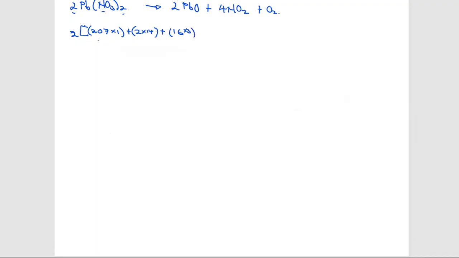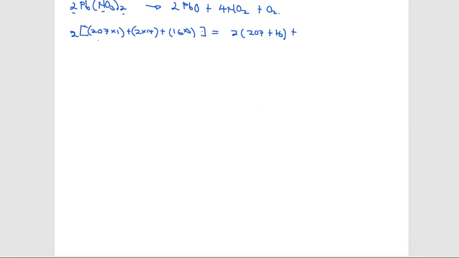Now I'm going to say this is equivalent to, on the other end, a square bracket, then 2 PbO, so 2 multiplied by 207, plus our oxygen, which is 16.